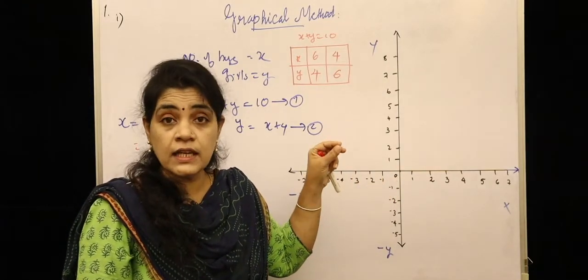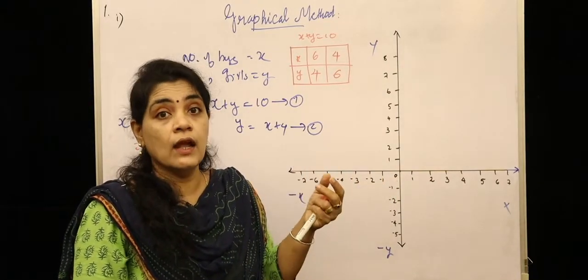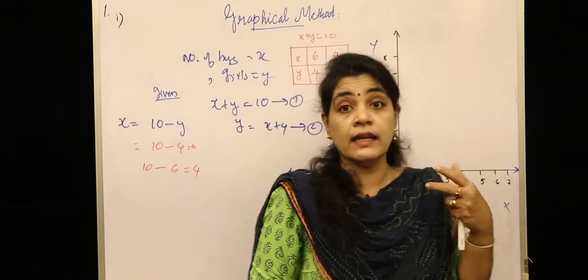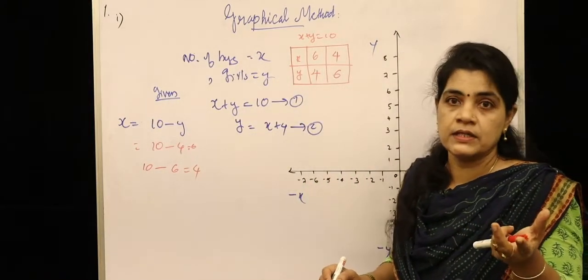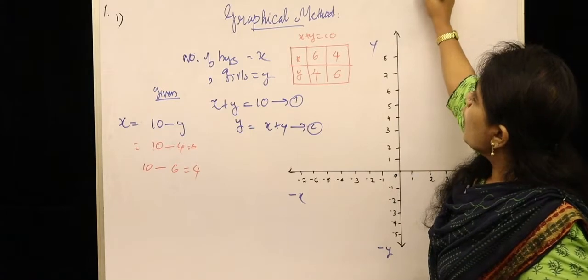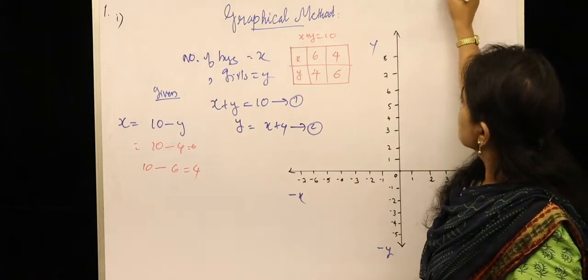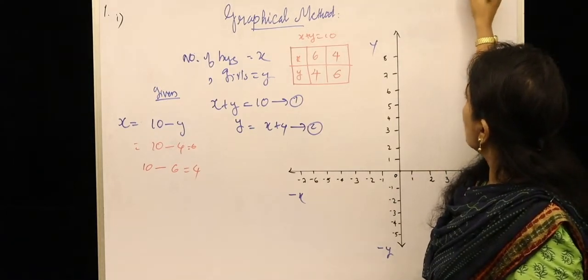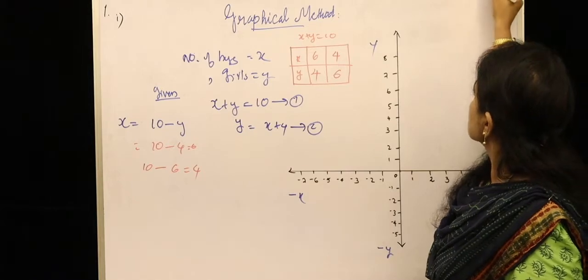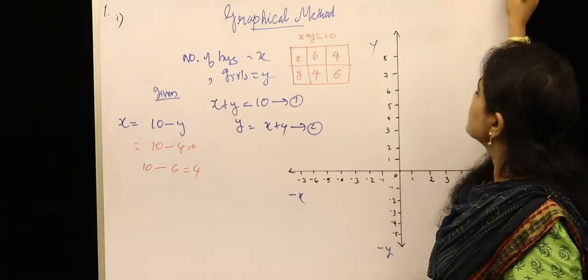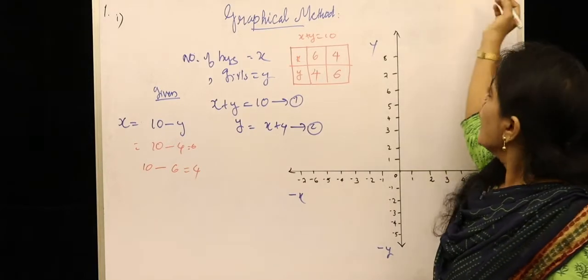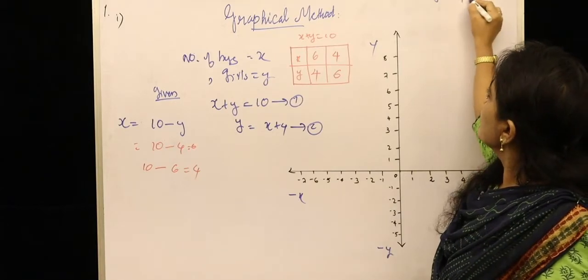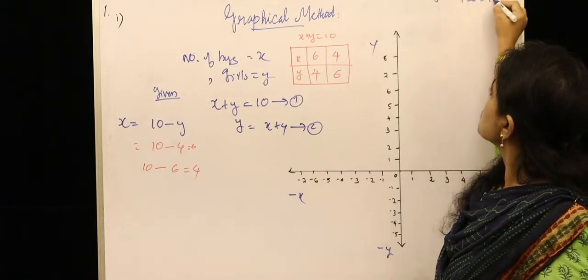Firstly we have to write the scale, on the y-axis and x-axis, what we are going to represent. On the x-axis, 1 unit represents 1 student, isn't it? And on the y-axis also, 1 unit equals 1 student.